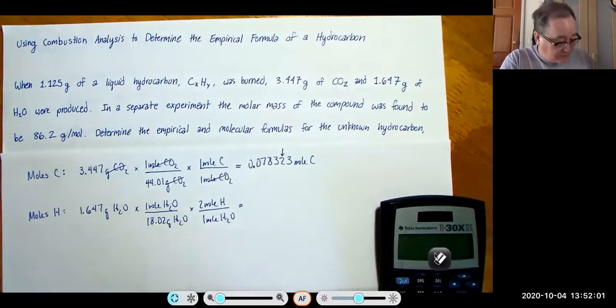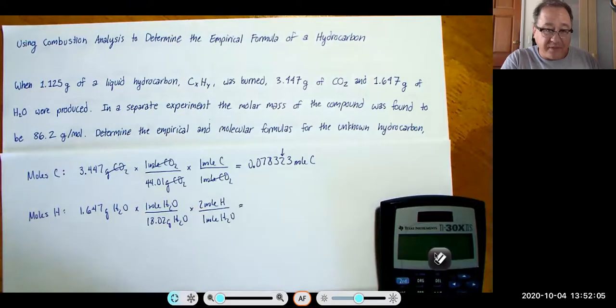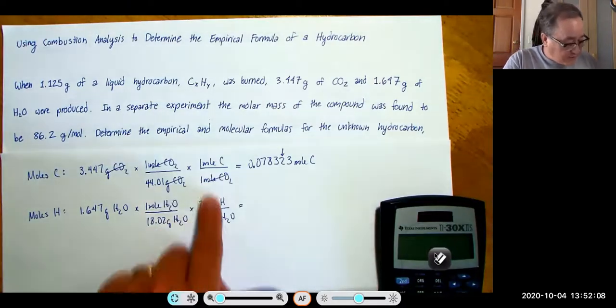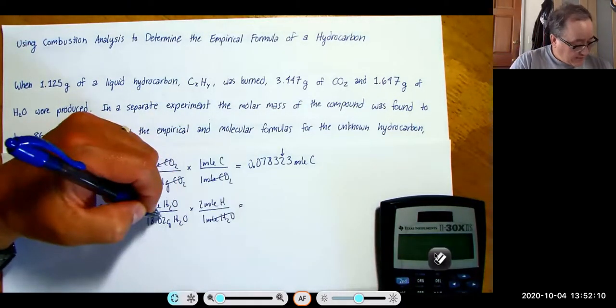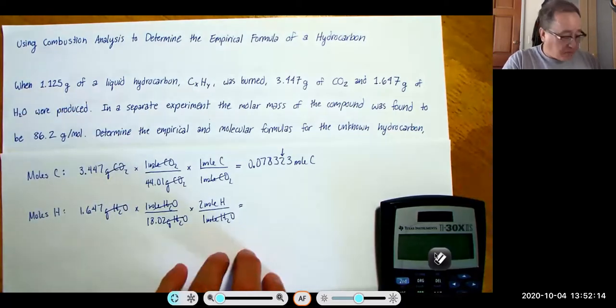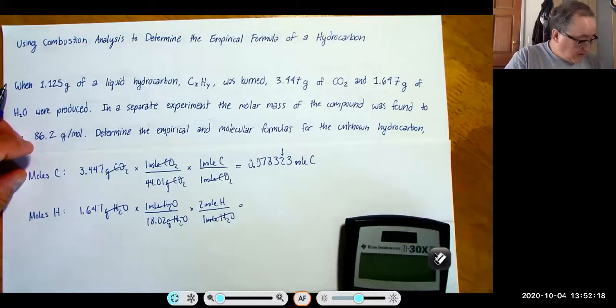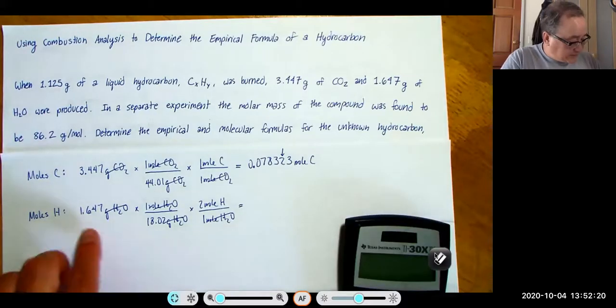It's a 1 to 2. So 1 H2O, 2 moles of hydrogen. So you see, if we didn't do this sort of thing, we might make the mistake and get the wrong moles of hydrogen. So this is the kind of work I expect to see for a problem like this on the exam.